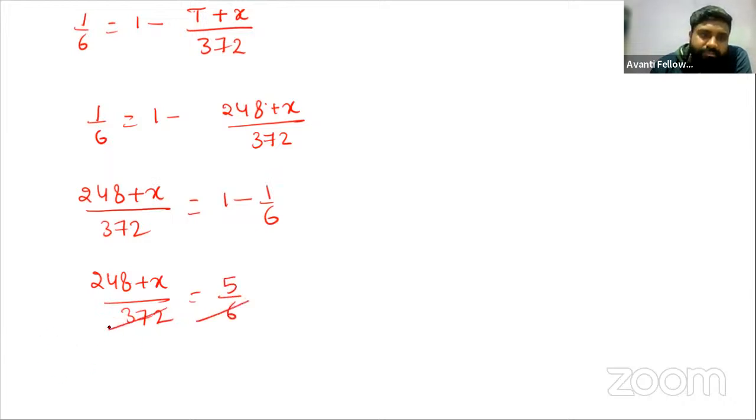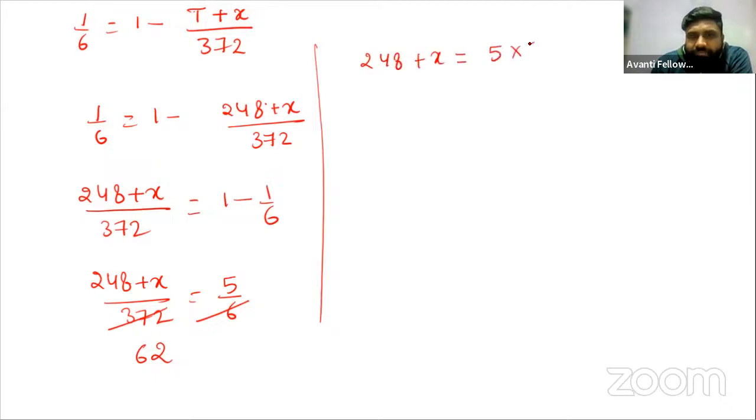Now we will cancel this one. 372 divided by 6 is 62. So 248 plus X is equal to 5 times 62. 5 2s are 10, 5 6s are 30, so 310. 248 plus X equals 310, so X equals 310 minus 248.